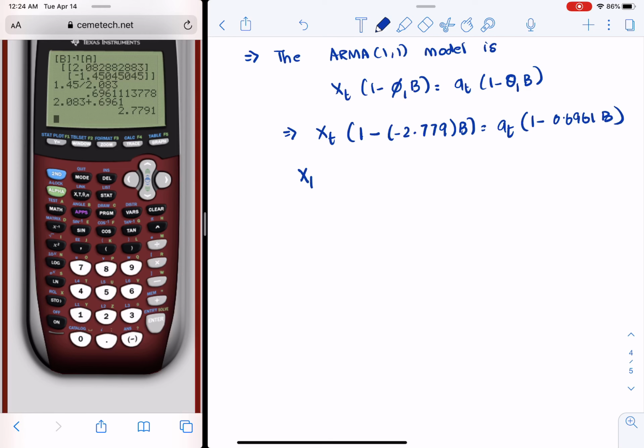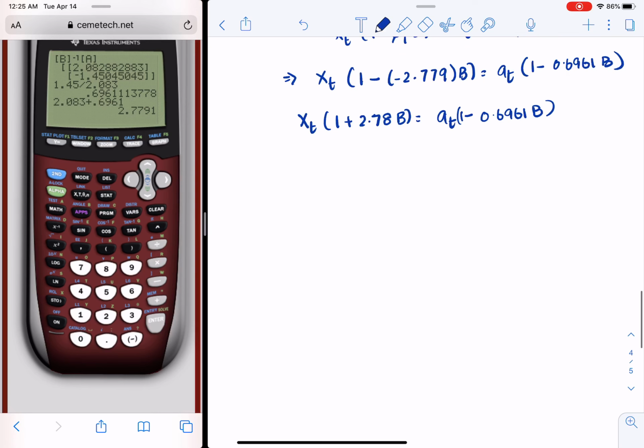So xt times 1 plus 2.78b would equal at times 1 minus 0.6961b. If we distribute the xt and the at, we have xt plus 2.78 xt minus 1 equals at minus 0.6961 at minus 1.